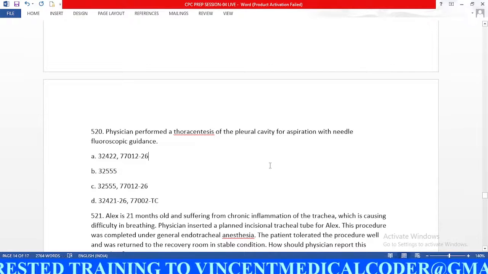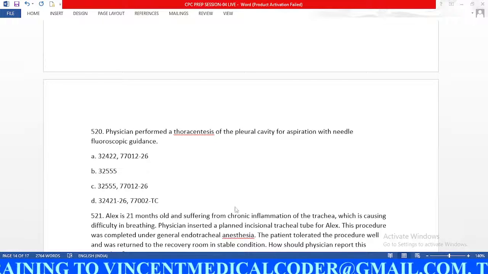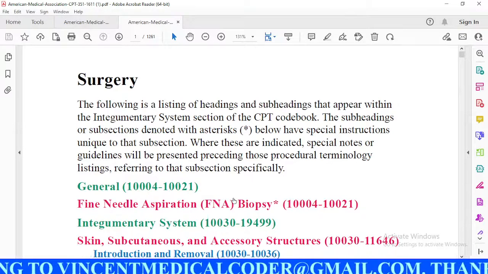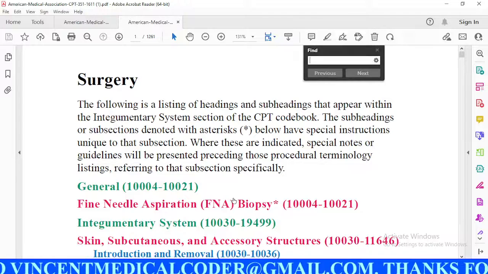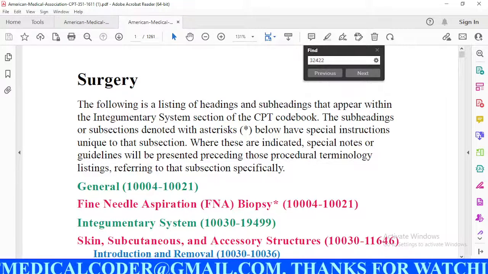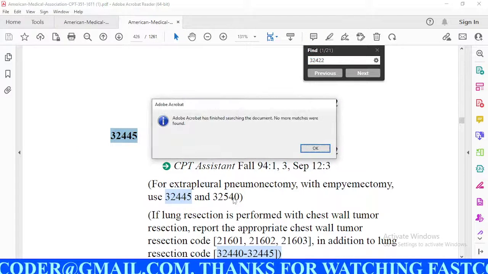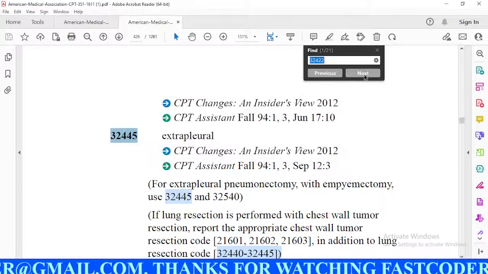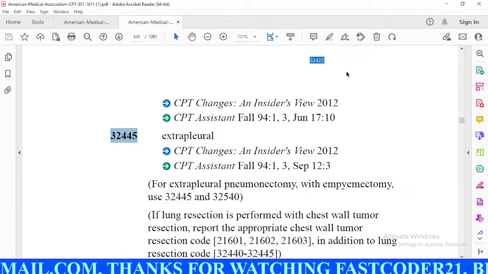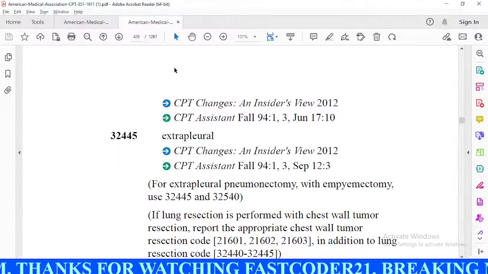But if you check the codes, 32422, we will check 32422. What is that?